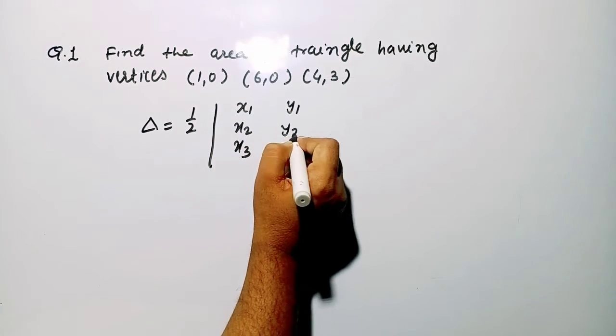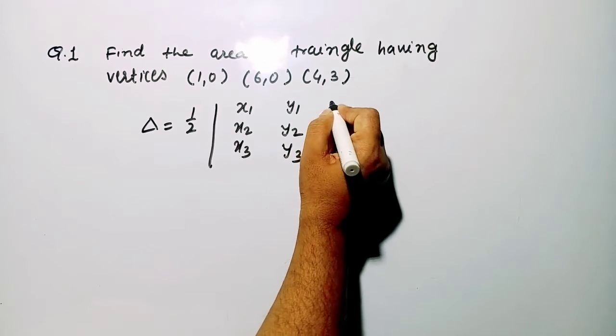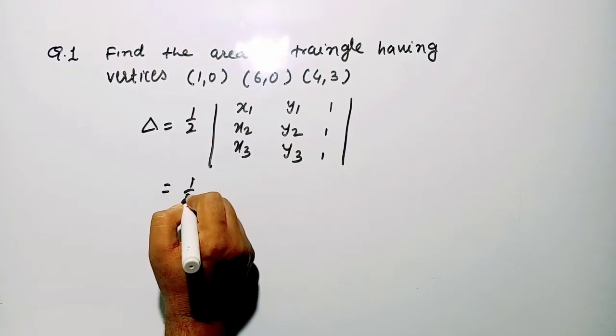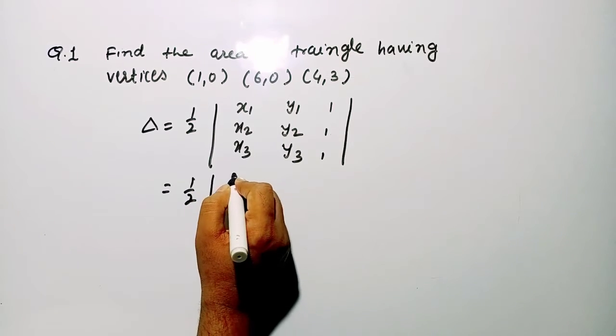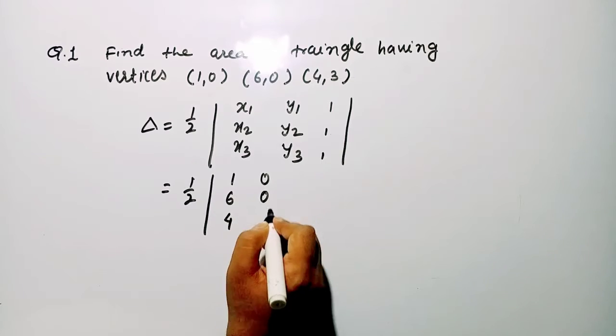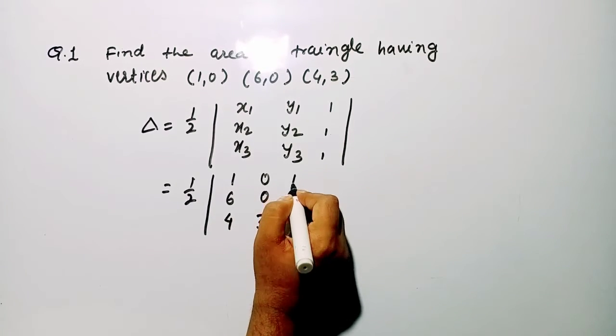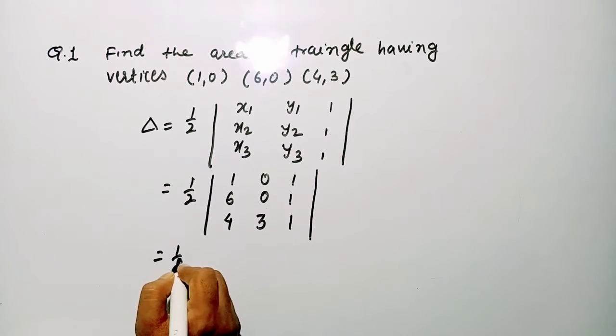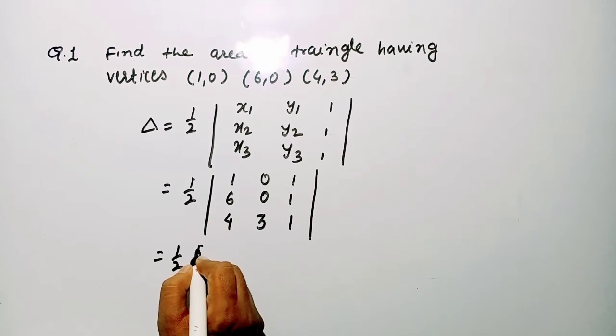Applying the formula for the area of a triangle, 1/2 times the determinant with rows x1 y1 1, x2 y2 1, x3 y3 1, that is 1/2 of the determinant with rows 1, 0, 1; 6, 0, 1; 4, 3, 1. Right students, what we have to do over here is just expand the determinant.